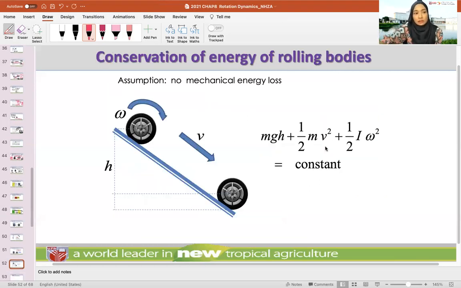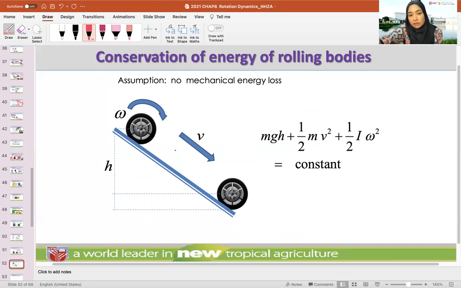So when we have kinetic energy, we know that we're going to talk about energy, right? So we also have the conservation of energy for rolling bodies. Now let's say we don't lose any energy due to friction for this tire that is rotating and rolling down this hill.